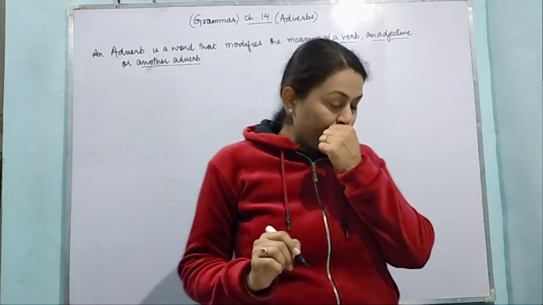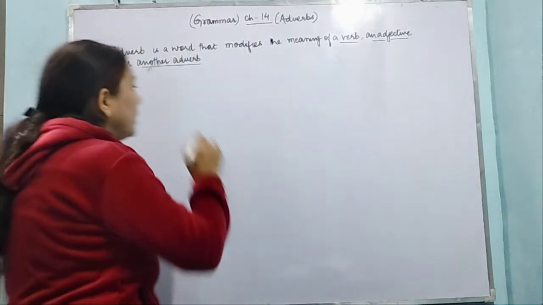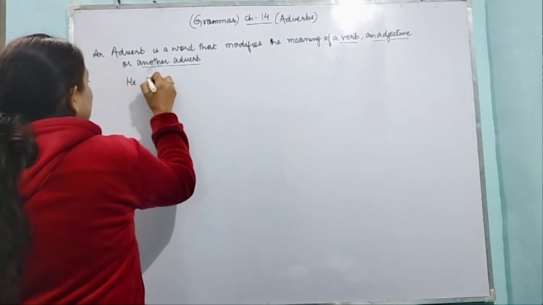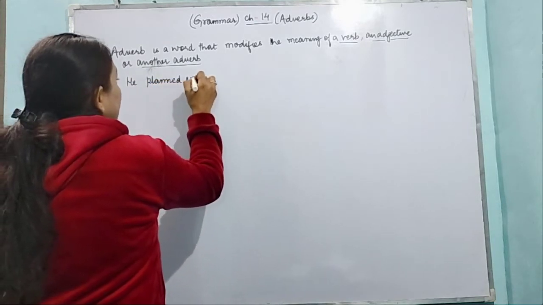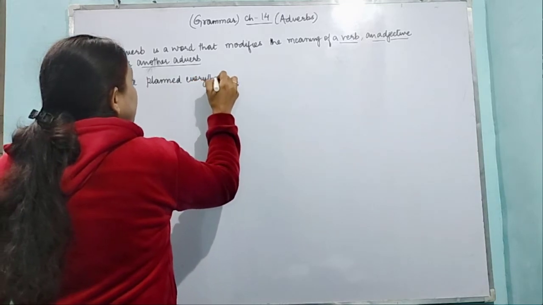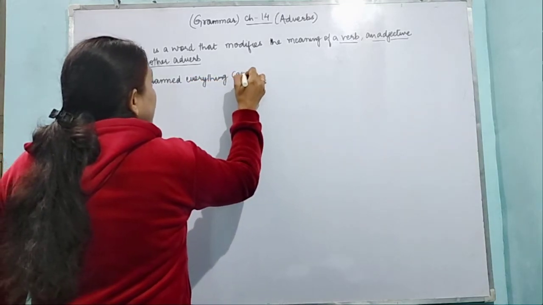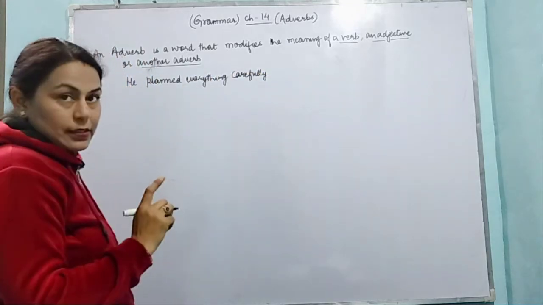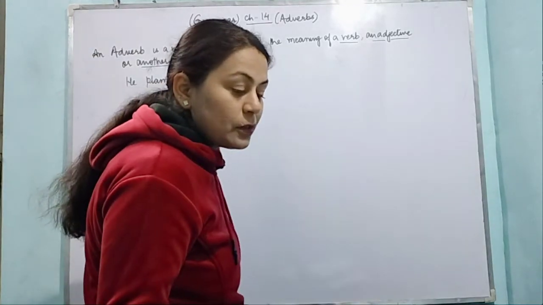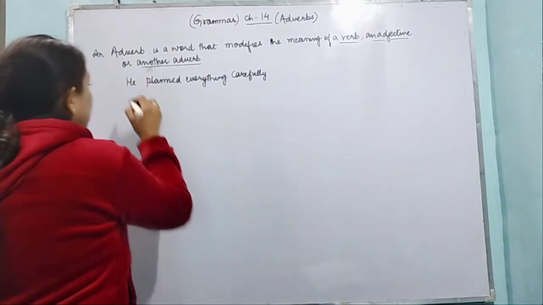Now, if I write, he planned everything carefully. He planned everything carefully. This is one sentence. Then the second one, his plan is extremely perfect.